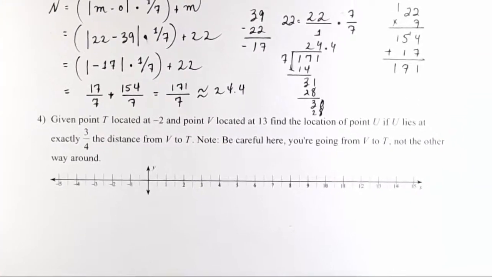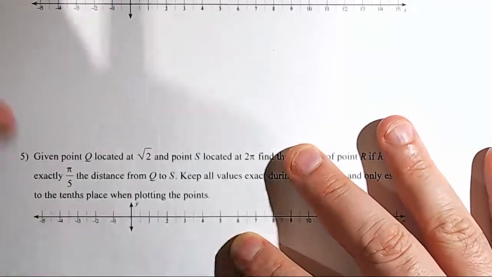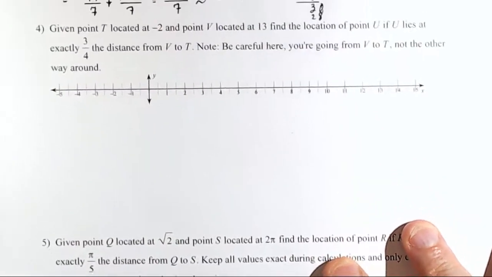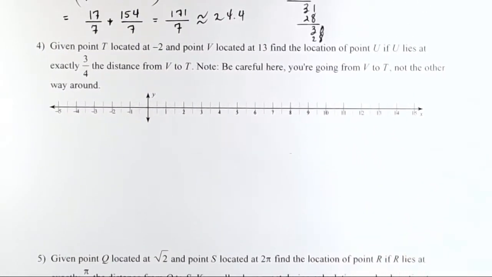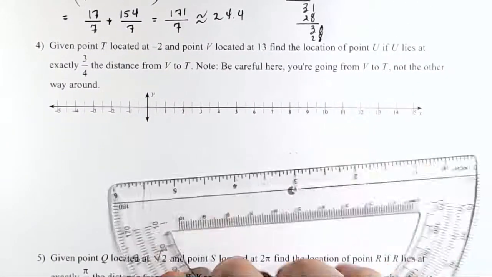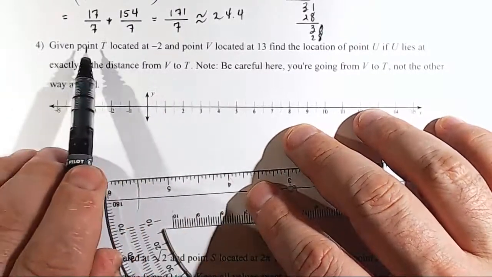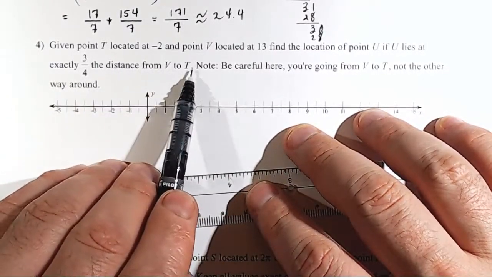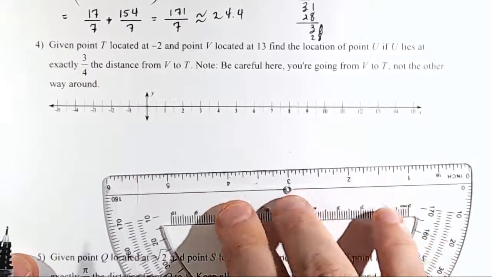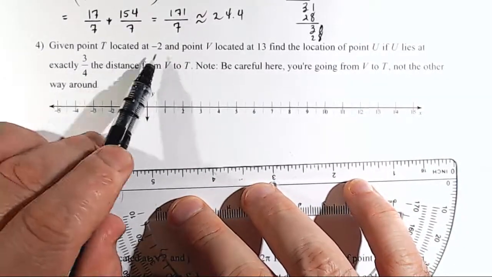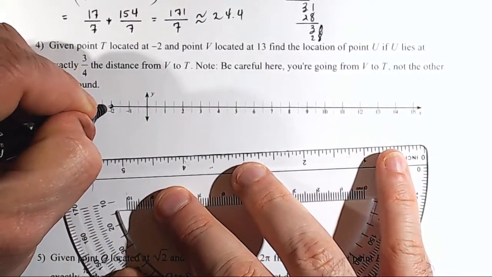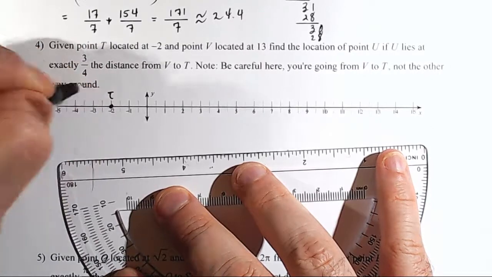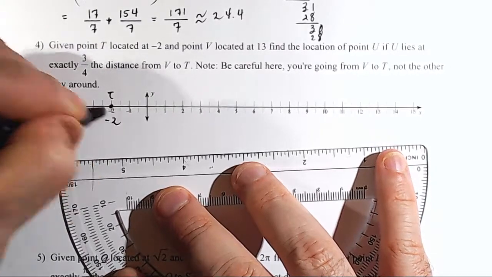So now what? Number 4? All right, number 4 is going to be a little tricky because it says here we're going to go from V to T. So watch as we do this. Be careful. Given point T is located at -2. This is point T at -2.